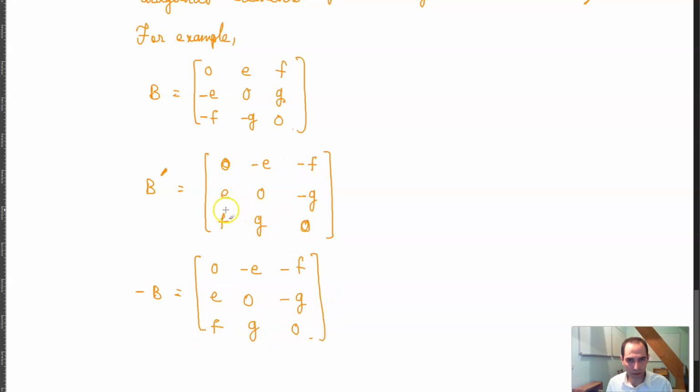And you can see that this matrix is actually equal to negative B. Therefore, B prime is equal to negative B, and therefore B is a skew symmetric matrix, right? So that is one example.